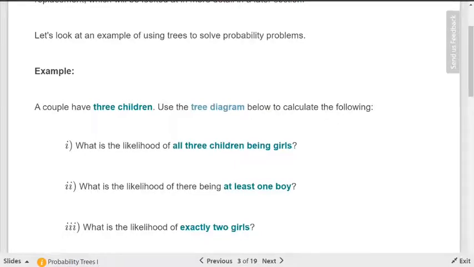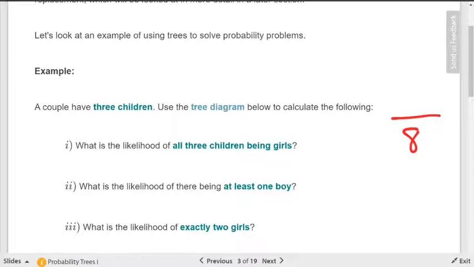So now what we're going to do, now think about it. Am I dealing with a case of equally likely outcomes? Are you just as likely to have a boy as a girl? Yes. So these are equally likely outcomes, so I can just use the tree at the end. How many branches were there at the very far end? 8. That means that I have 8 possible outcomes that can happen, right?